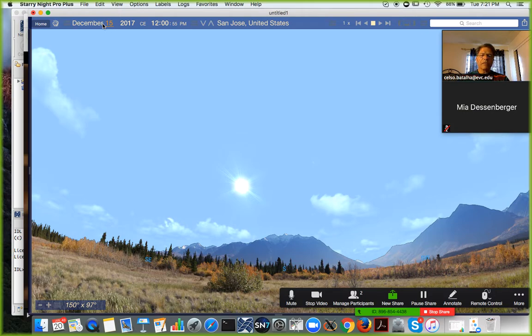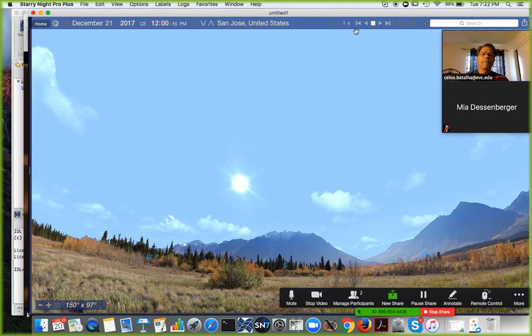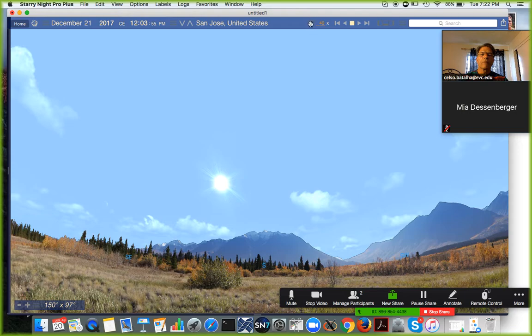So if you look at the sun progression in the sky on December 21st, so this one, the sun's progression in the sky, it doesn't allow me to go faster. What happened with my software?